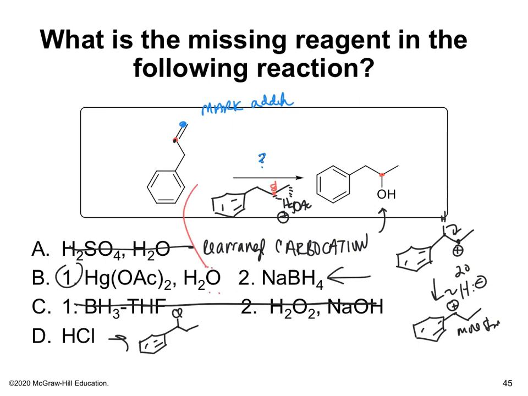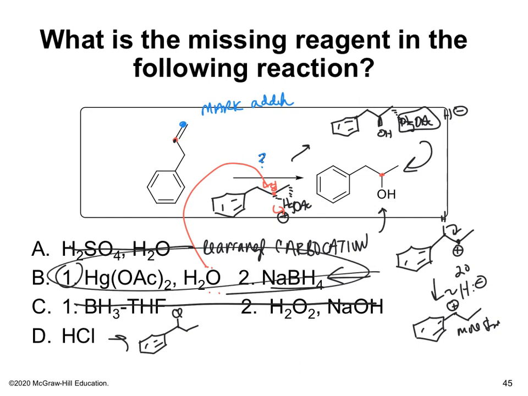The water would come in and open that, so you would get this here, which is the mercury here, and the OH here, and then this gets replaced with sodium borohydride. So the hydride replaces that to give you this product. So the answer is B.